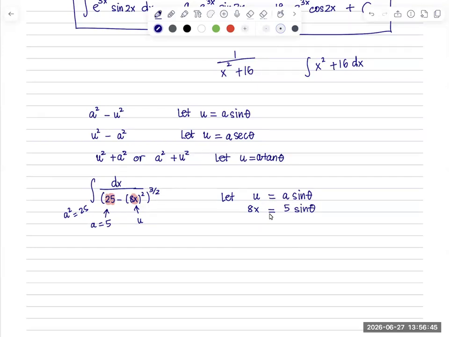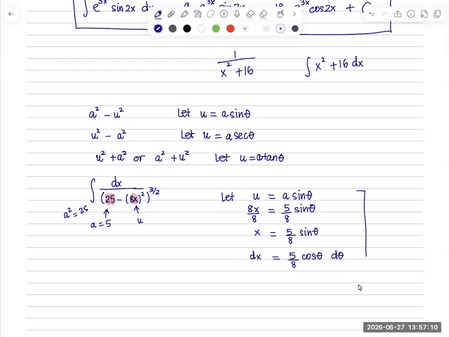After you set up the trick, you need to take the derivative all the time, right? So I'm going to divide both sides by 8, so I will have x equal 5 over 8 sine theta. Now I'm going to take the derivative of both sides. The left-hand side is dx, and the right-hand side is 5 over 8 cosine theta d theta.